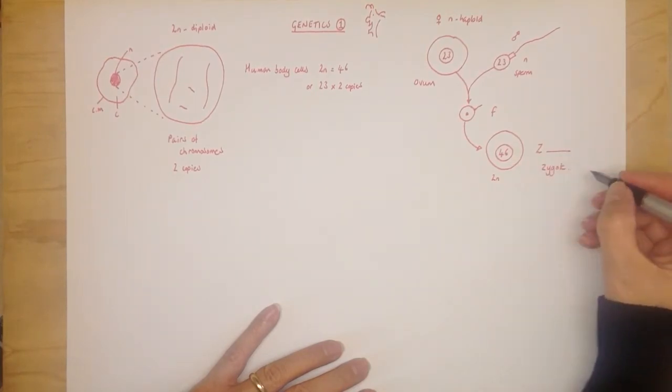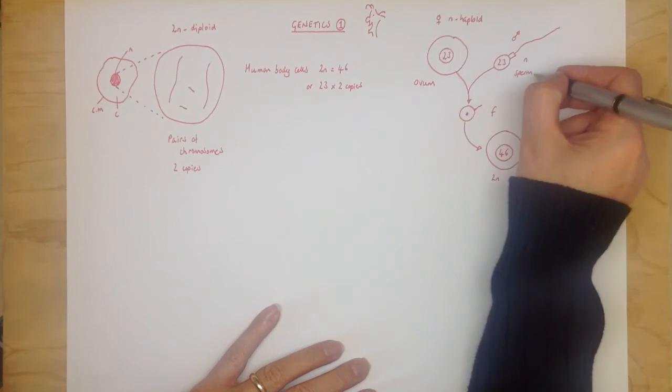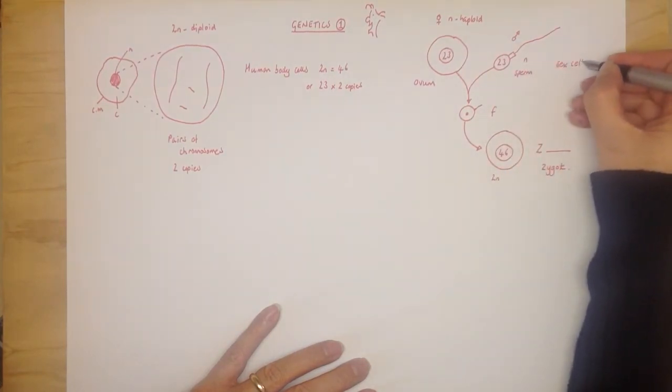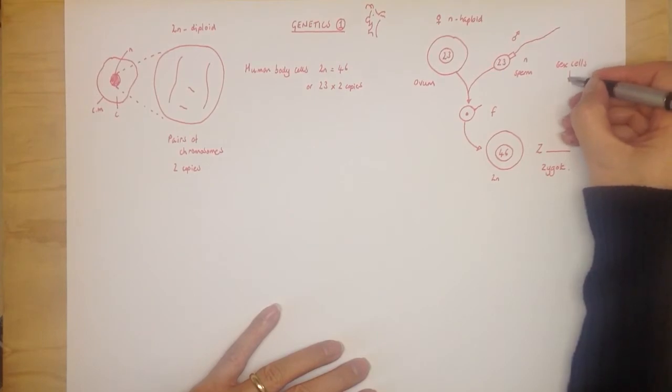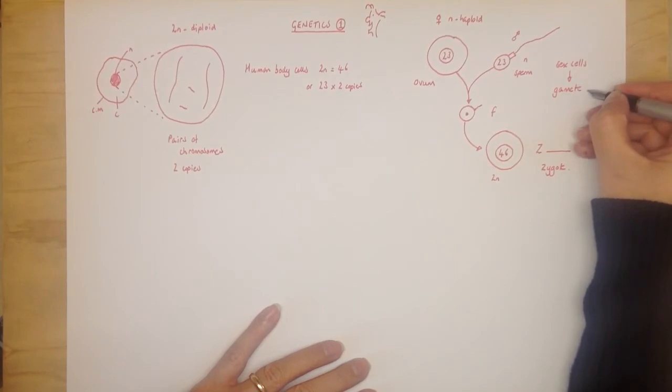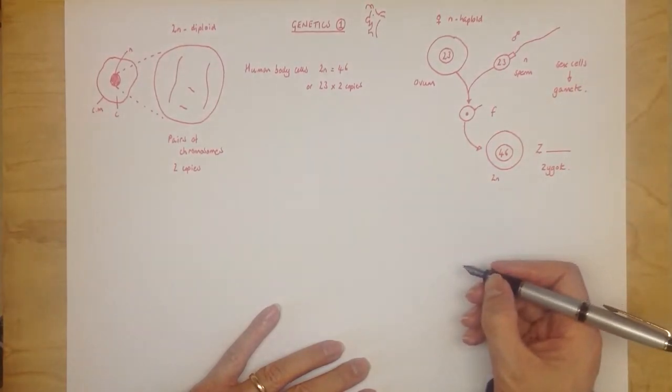I like that name. The ovum and the sperm are what's called sex cells because they're involved in sexual reproduction, and the scientific name for a sex cell is a gamete.